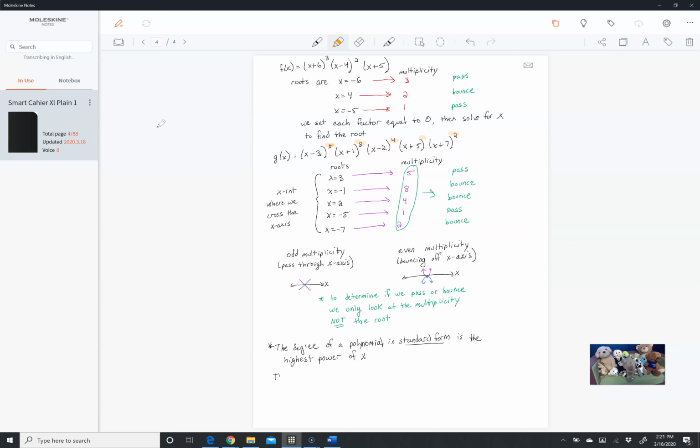The degree of a polynomial in factored form, so again, this is factored form that you've been seeing because there are parentheses, is the sum of the exponents, or the sum of the multiplicities.